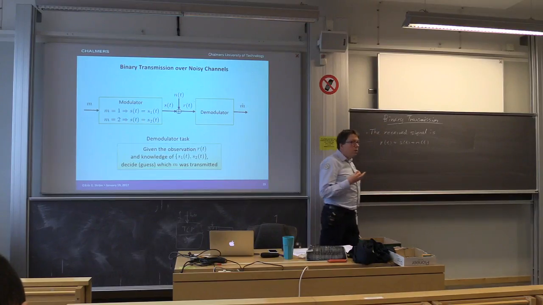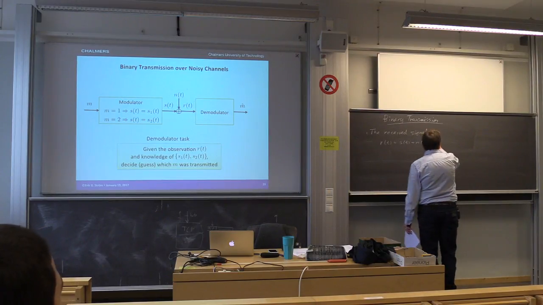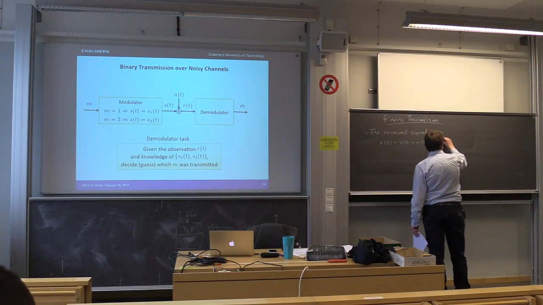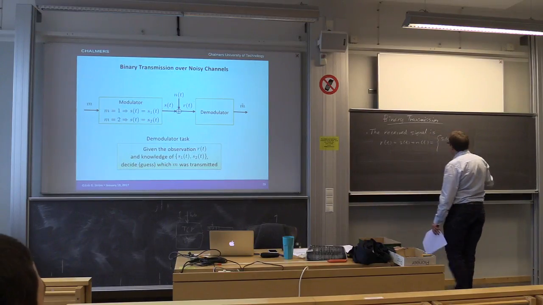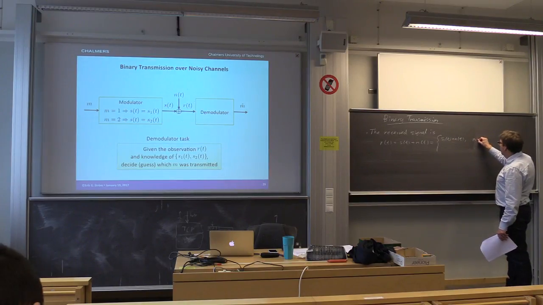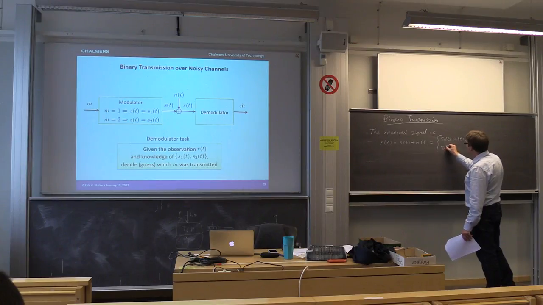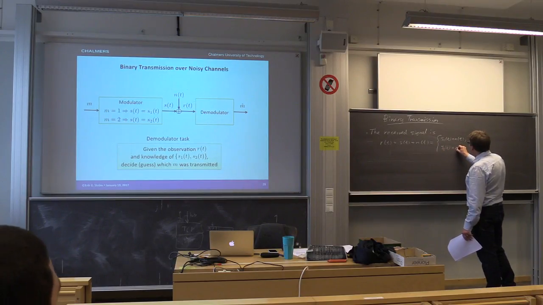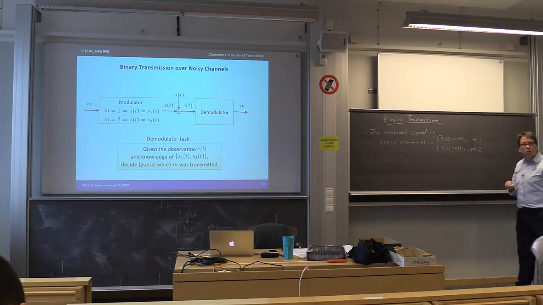Okay. So this can be of 2 forms, depending on the data that was transmitted. It's either S1 plus the noise, and this happens when m is equal to 1. Or it's S2 plus the noise when m is equal to 2.